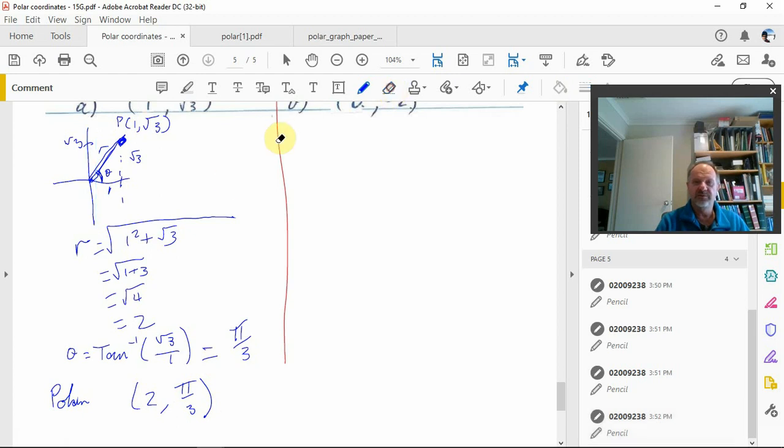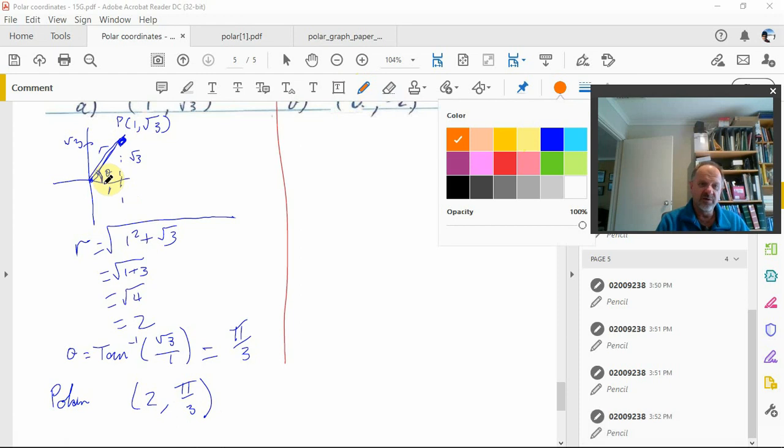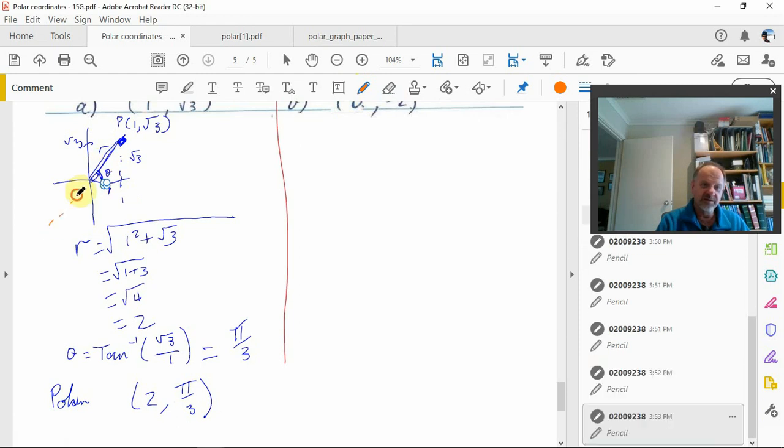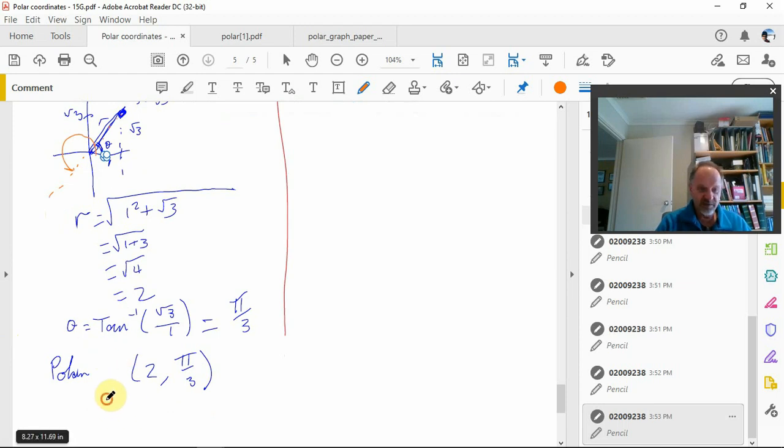Now, from what I mentioned before, if I continued that like so, we could go all the way around to there. That angle all the way around to there is pi plus pi on 3, which is 4 pi on 3. But of course, the positive radius would put us out here, so we need to go negative. So another way that we could do it is (-2, 4 pi on 3).